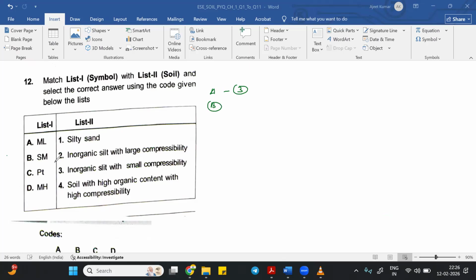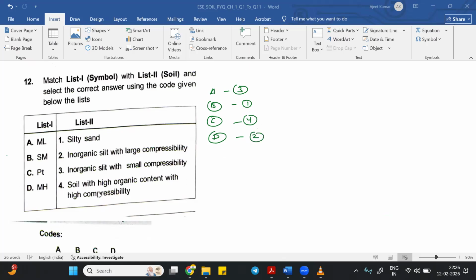B, SM, is sandy silt, silty sand, so B is 1. C, peat, is soil with high organic content with high compressibility, so C matches with 4. D matches with inorganic silt with large compressibility, so D matches with 2.